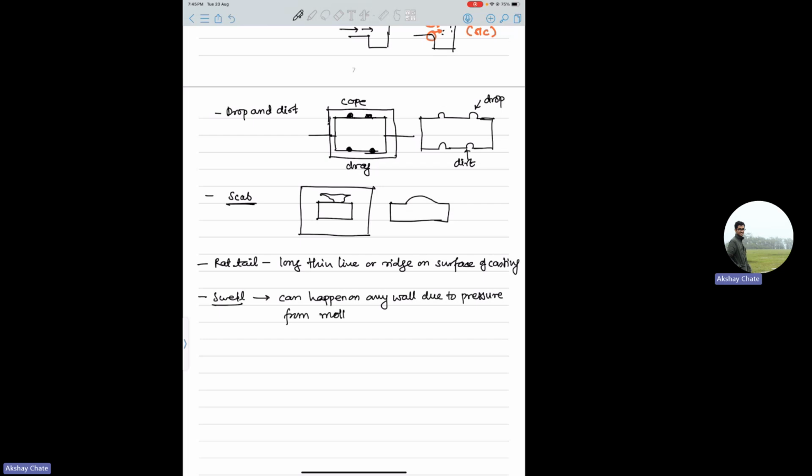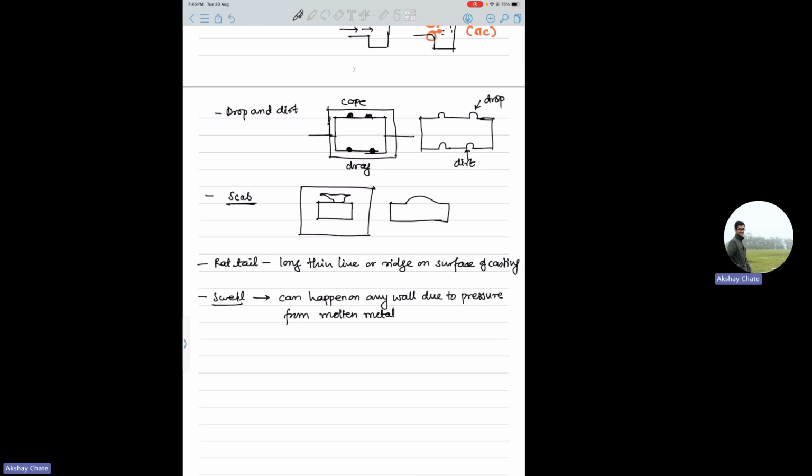If your mold doesn't have enough strength, it will just deform and swell in that direction. That is called swell.